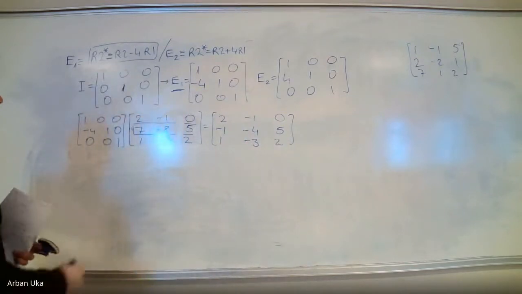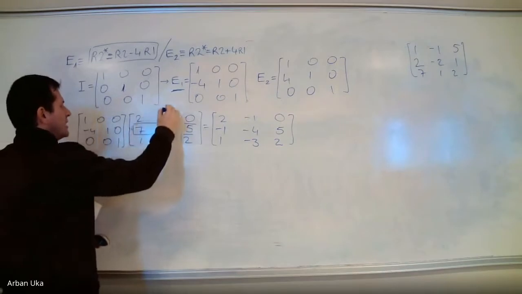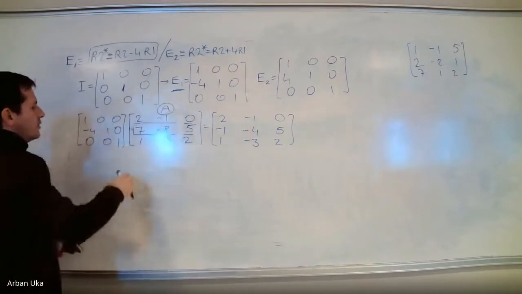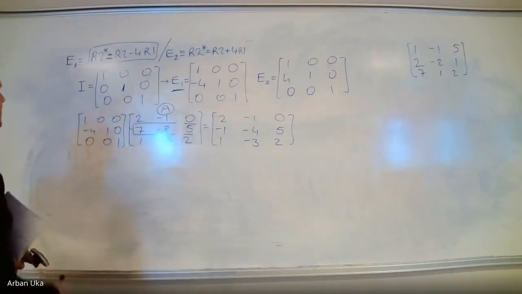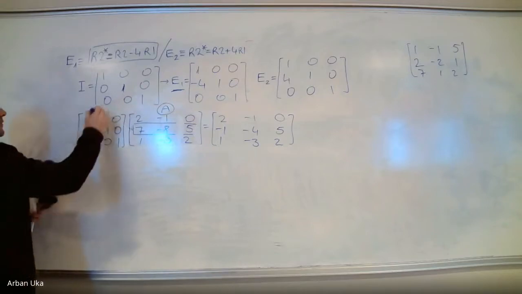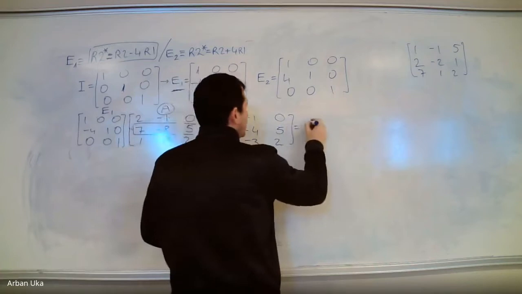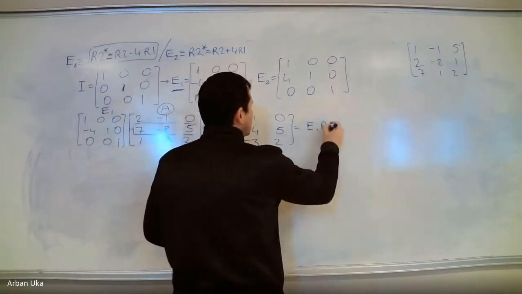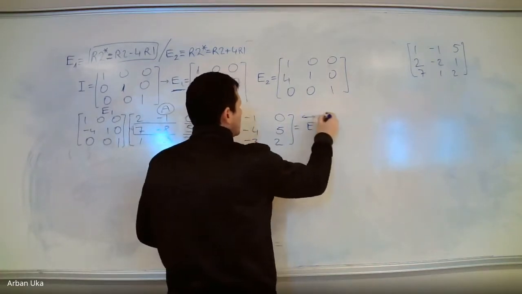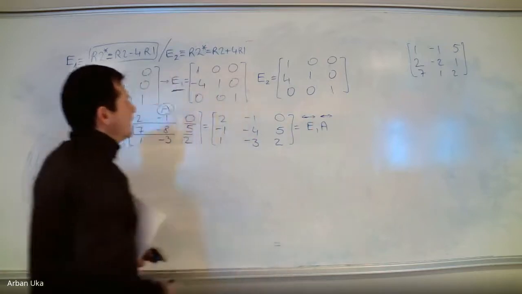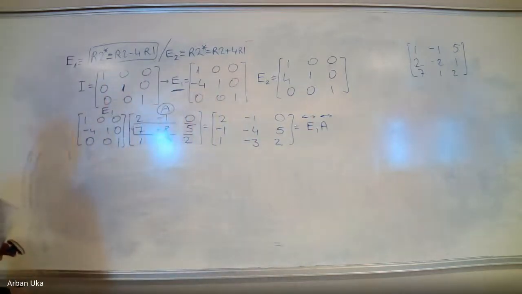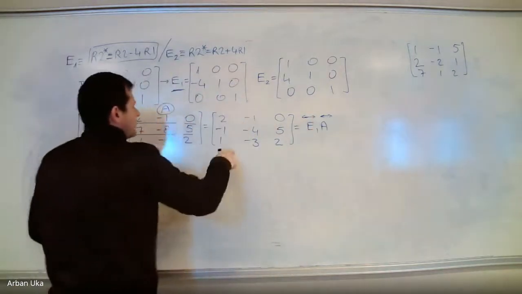Okay, so we started with this matrix A. Let's call this one matrix A. And we multiply it with E1. So this is equal to E1 times A. This is a matrix, this is a matrix. Then let's multiply E2 with this matrix.